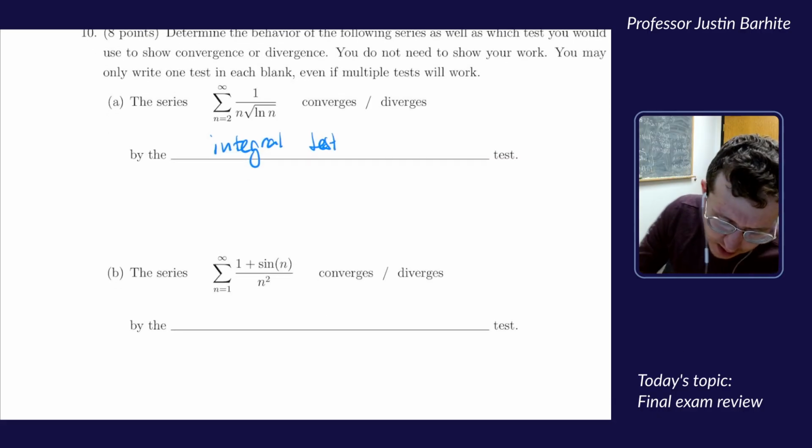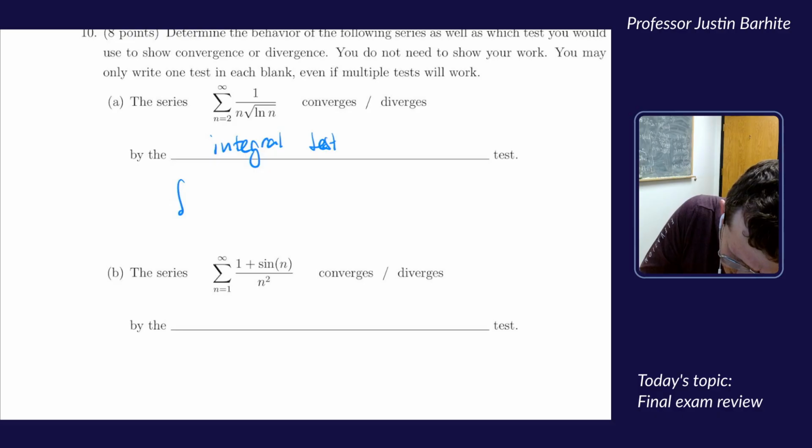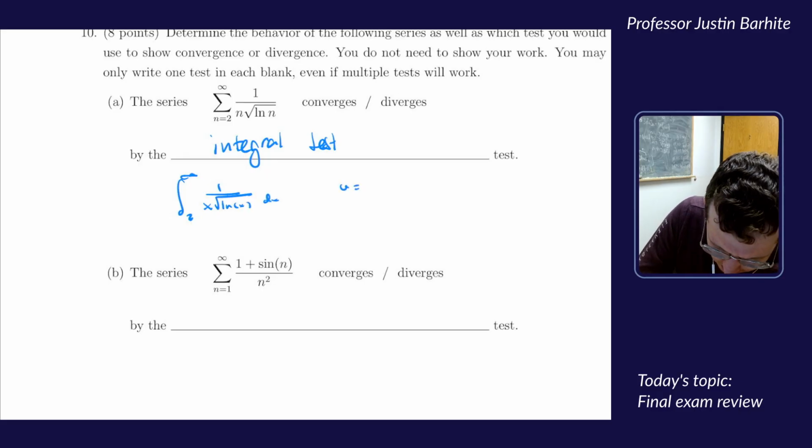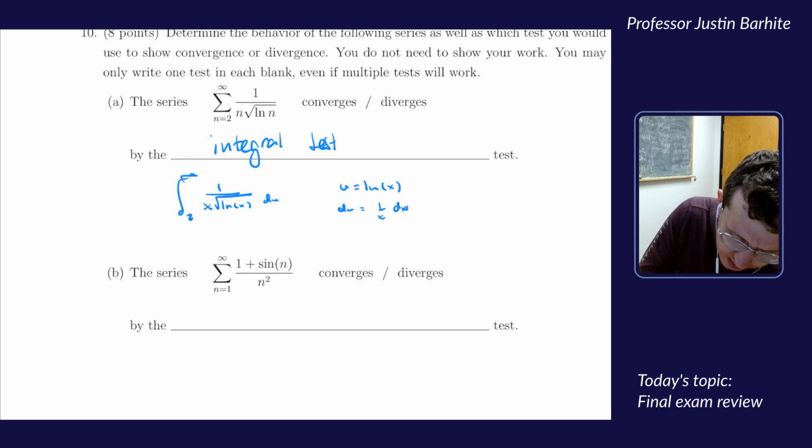So my idea here is to evaluate the integral from 2 to infinity of 1 over x root ln of x by using a u sub. I'm going to substitute u equals ln of x. So du is 1 over x dx.